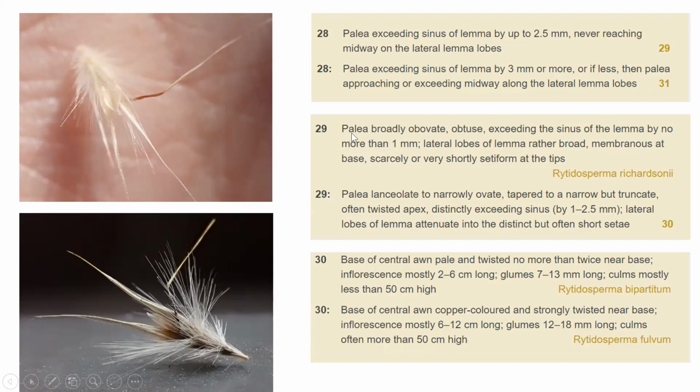If you've got a hand lens, you can pull that palea back and have a look at the shape of it. All of these terms, obovate, obtuse, are on the Vic Flora glossary, and they now have diagrams and photos to go with them. They've got the description, but also a picture to go with it, which is very useful.